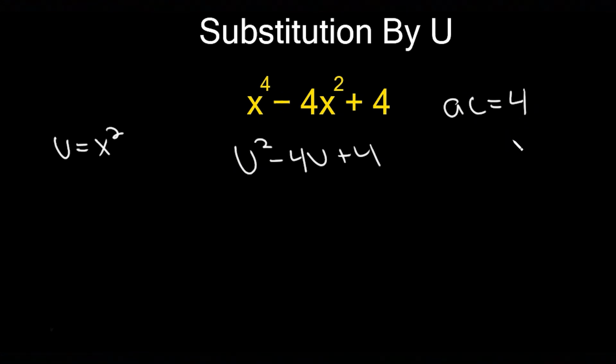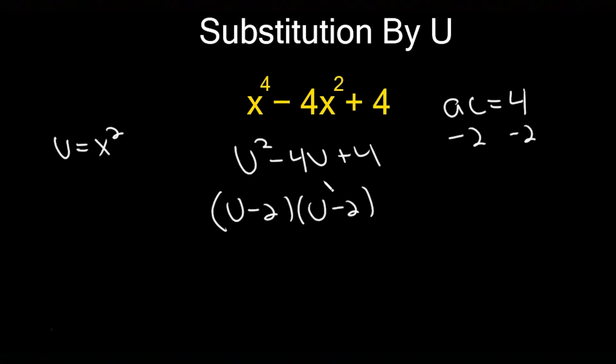So I need two numbers when I multiply that will give me 4, but add up to negative 4 right here. And that's going to be negative 2 and negative 2, right? When I multiply them, I get positive 4. When I add them, I get negative 4. And since a is equal to 1, I can put this right in factored form. I'm going to say u minus 2 and then u minus 2.